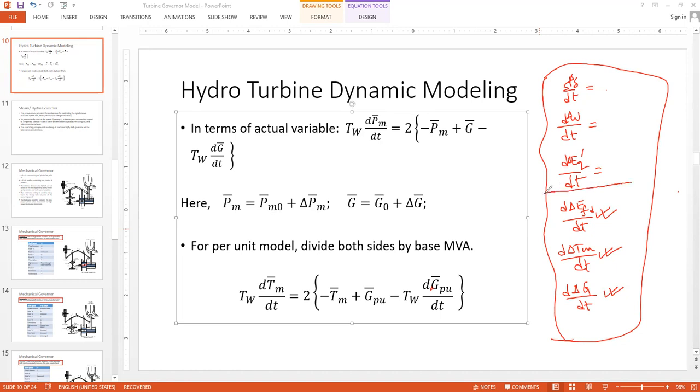So the first three are associated with the generator. Fourth one is the exciter, and this is turbine, and this is governor. So this is more or less a simplified model for your dynamic study of a power system, after we incorporate the exciter dynamics, the turbine dynamics, and the governor dynamics.